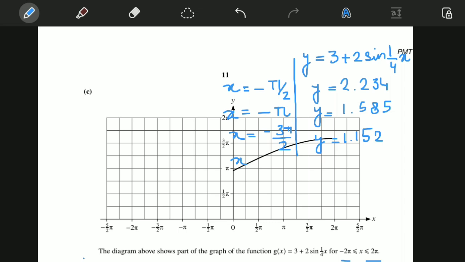And at x equals minus 2 pi, y will be equal to 1.